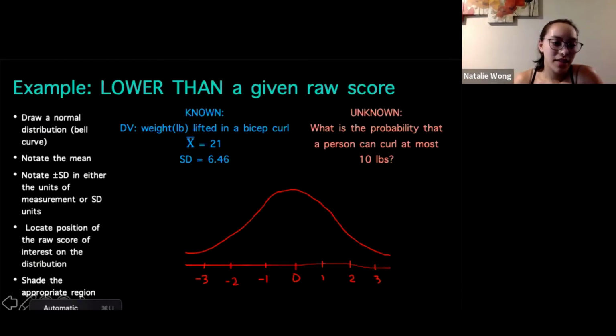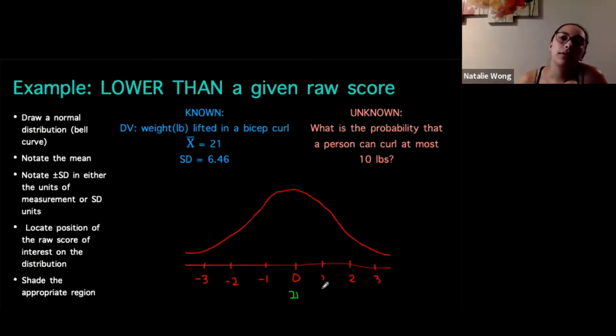Let's say instead of standard deviation units, we wanted to note these as our actual pounds, our units of measurement. Our mean is 21. To get our standard deviations past 21, if we're going above the mean, we just add. 21 plus the standard deviation 6.46 gives us 27.46.